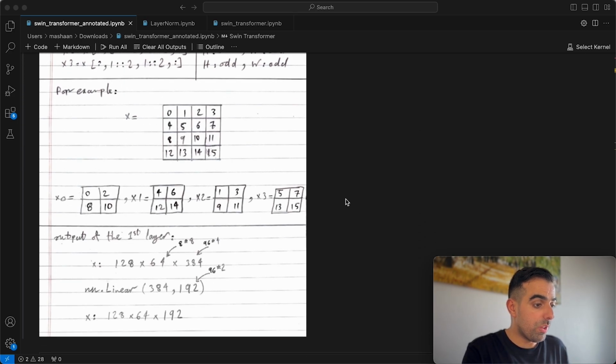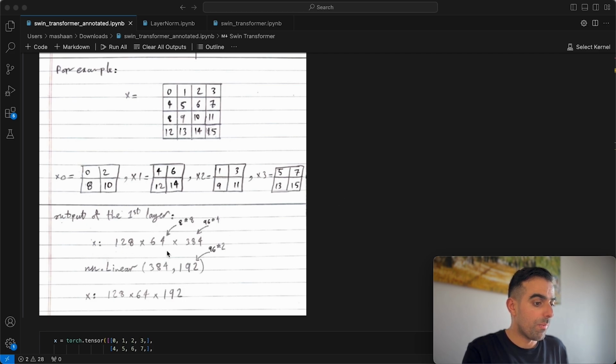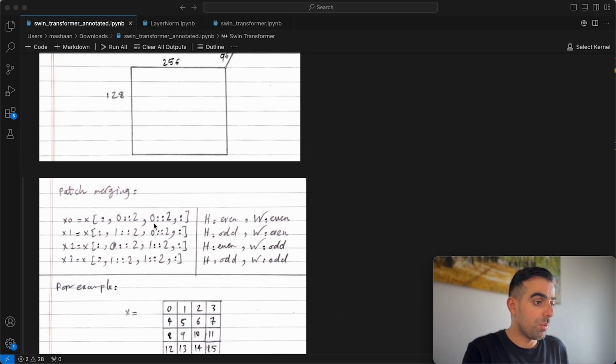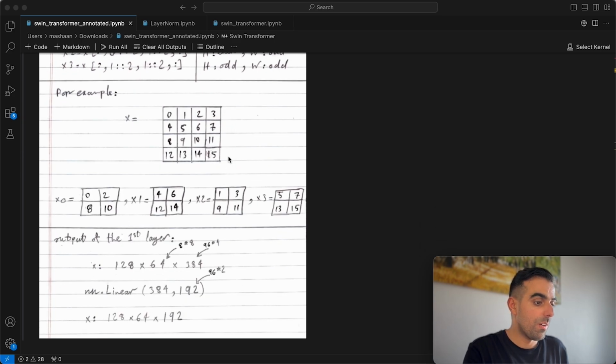So by the end of the first layer, we started with 128 by 256 by 96. By the end of the first layer, we will have 128 by 64. 64 is 8 by 8. We downsample these 16 by 16, we downsample them by 2, so it's 8 by 8.